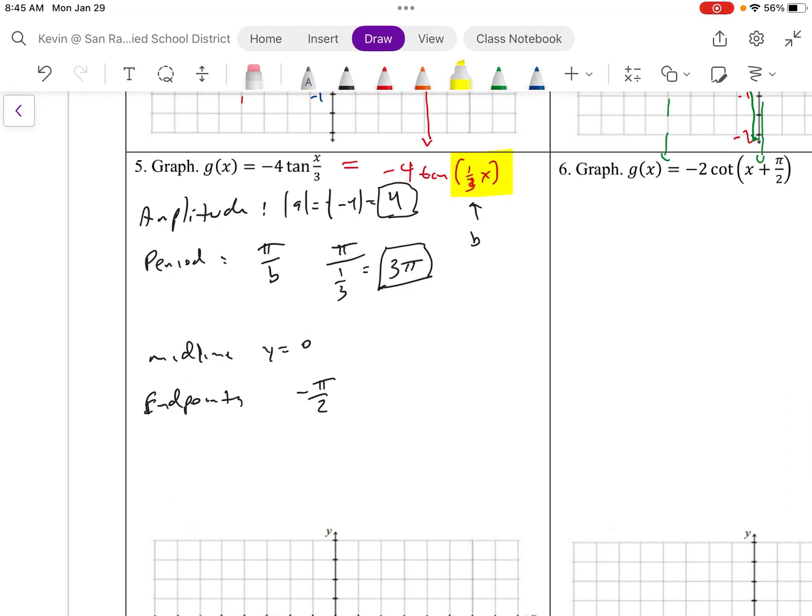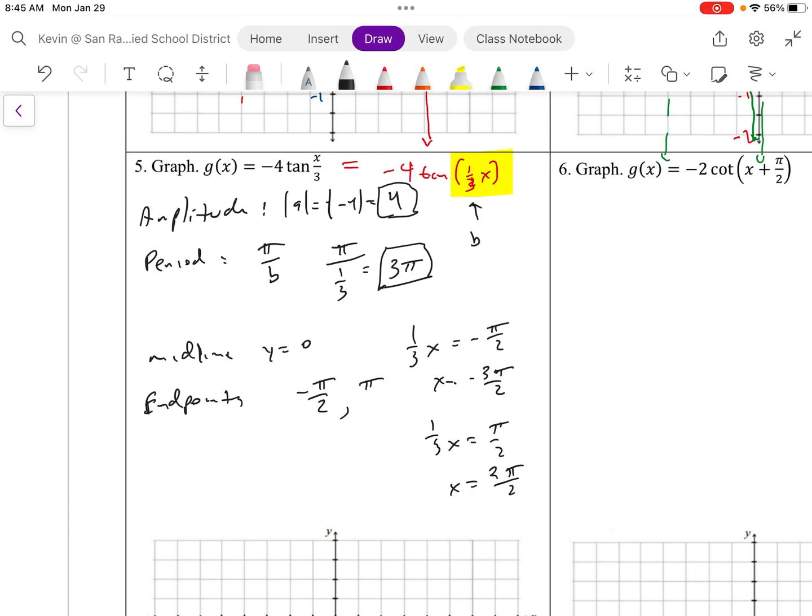Let's go back. We can do a couple different ways. So we can go back here, right? Set that equal to 1/3 x equals negative pi over 2. So x equals negative 3 pi over 2. And then 1/3 x equals positive pi over 2. So x equals 3 pi over 2. That's one way to get them.